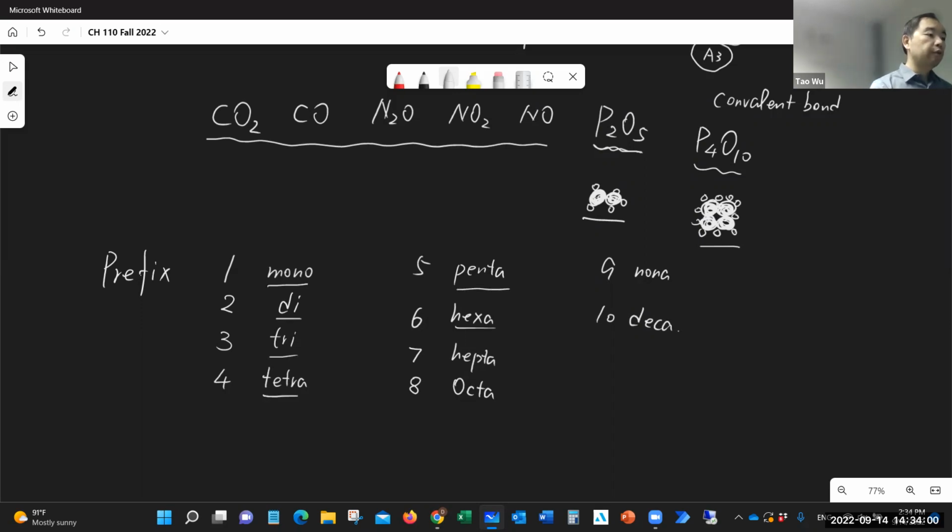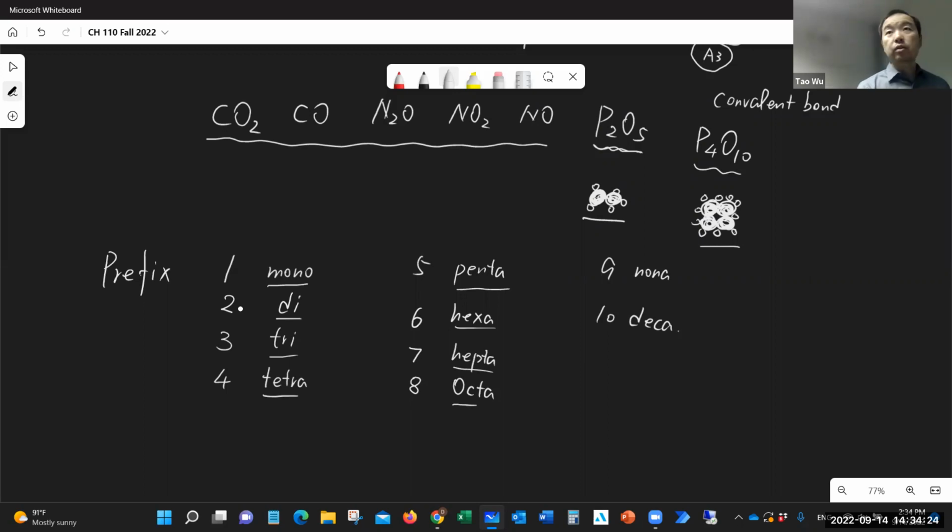Are you familiar with these prefixes? At least di, tri, tetra, you probably know. And penta is familiar, pentagon, right? The pentagon has a 5-sided shape. Hexagon is 6-sided.